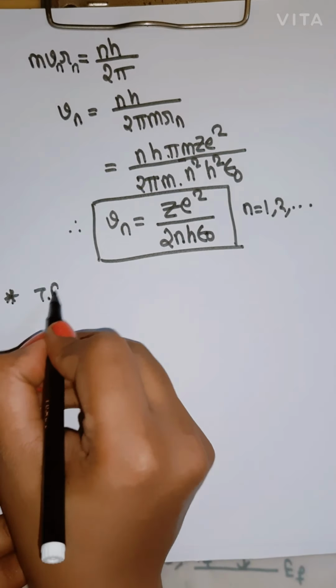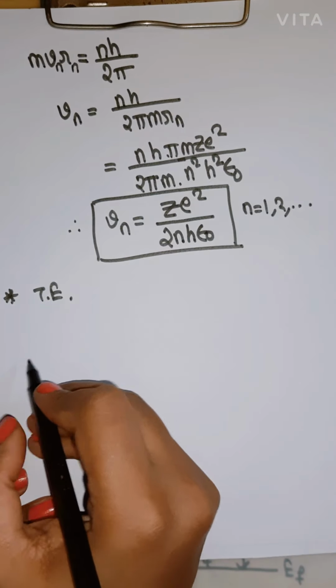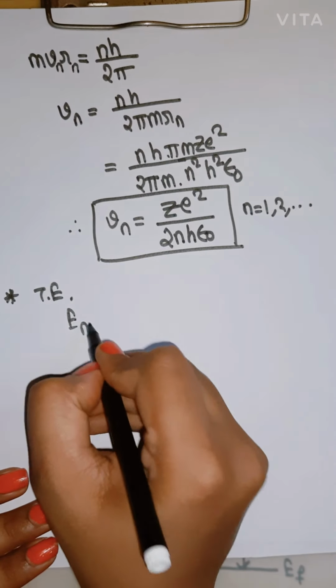Now the total energy of the hydrogen-like atom, which is En.